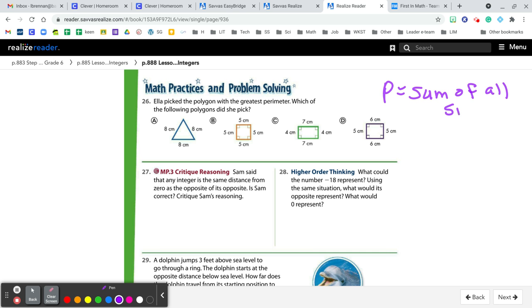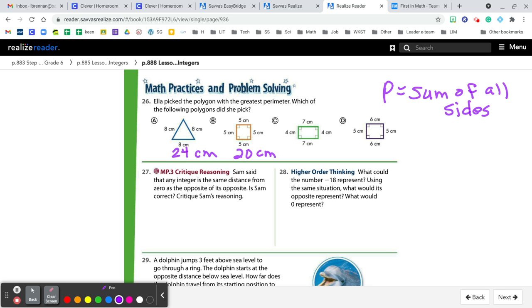And we've got different polygons here. Doesn't matter. We have squares, rectangles, and equilateral acute triangle there. So if we added all this, the perimeter for A would be 8 plus 8 plus 8 is 24 centimeters. The perimeter for B would be 5 plus 5 plus 5 plus 5 is 20 centimeters.